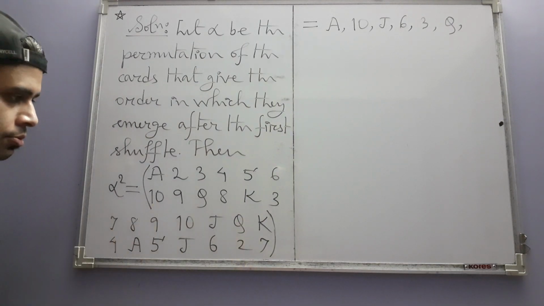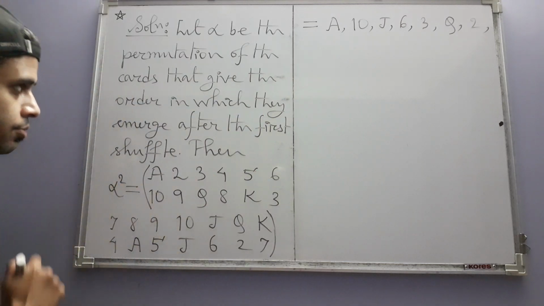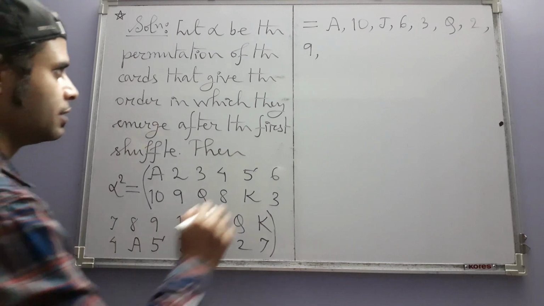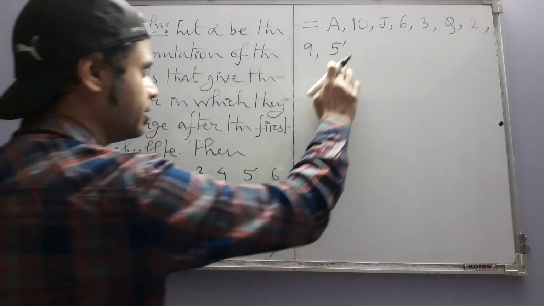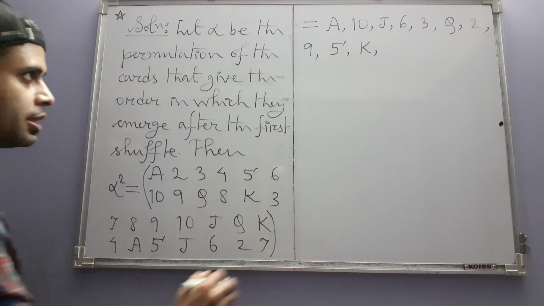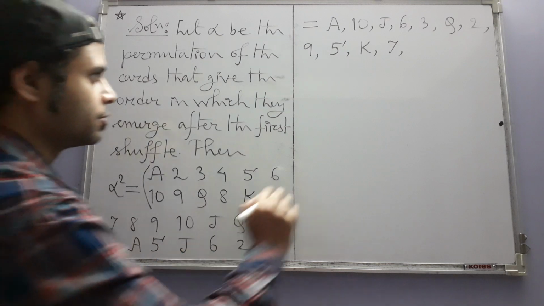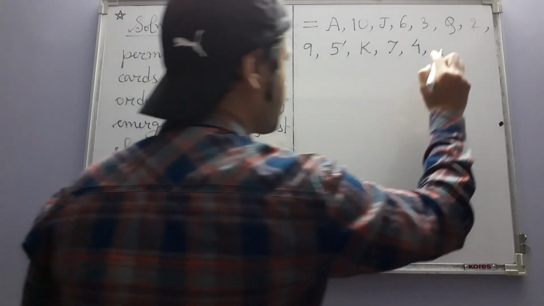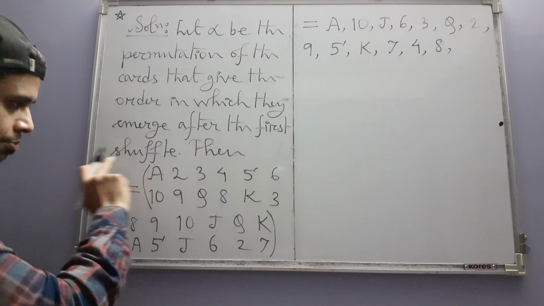Then Queen goes to 2. 2 goes to 9. 9 goes to 5. 5 goes to King. King goes to 7. 7 goes to 4. 4 to 8. And 8 goes back to A.